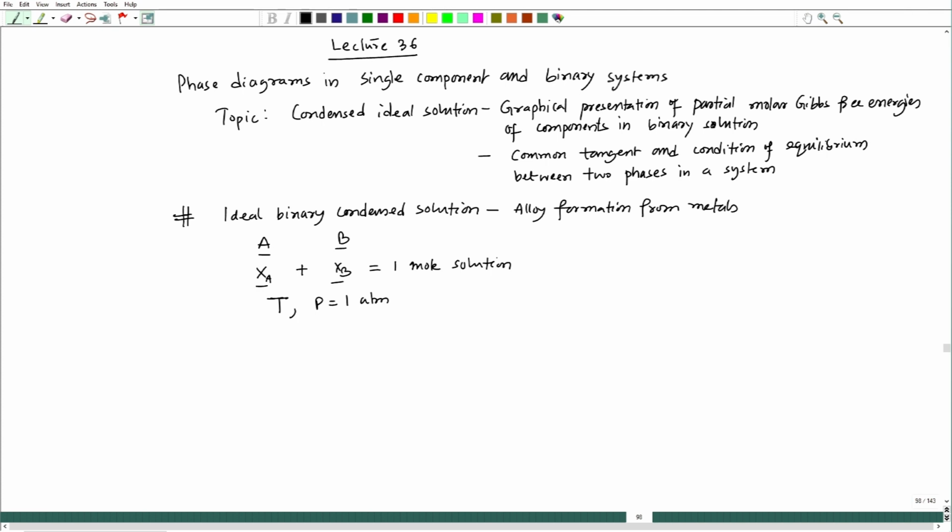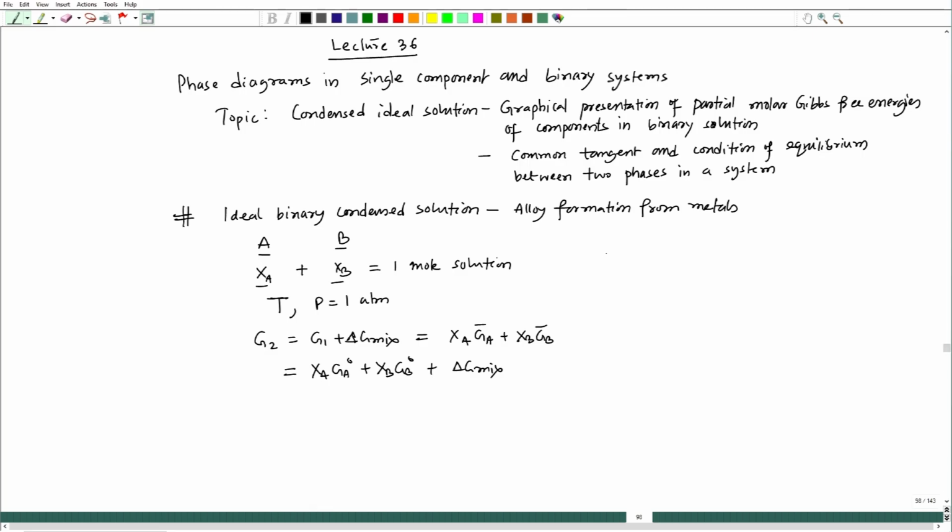And we have an equation G2 equal to G1 plus delta G mix. Since ideal, it can be written as XA GA naught plus XB GB naught plus delta G mix, and this can also be written as XA GA bar plus XB GB bar.